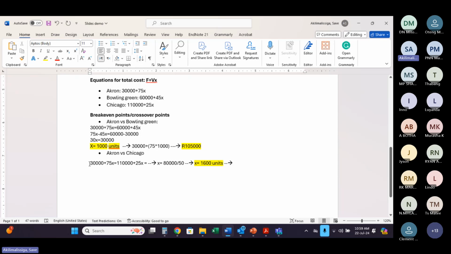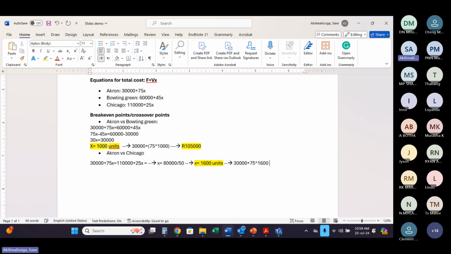So usually you just choose the one that is simple in terms of doing the calculations. So we're gonna go with this one here. And we replace x with 1,600.